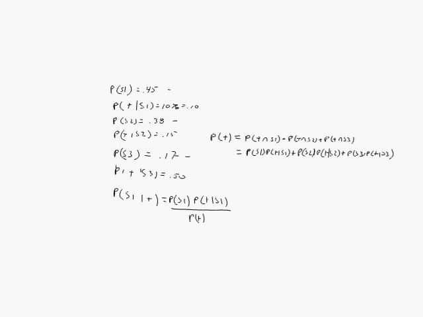Of course, another way to write that is using this notation: the sum for i equals 1, 2, 3 of the probability of S i, meaning species 1, species 2, and species 3, times the probability of being tagged given species 1, 2, or 3. That's the other way you see it written. Yes, exactly the same.